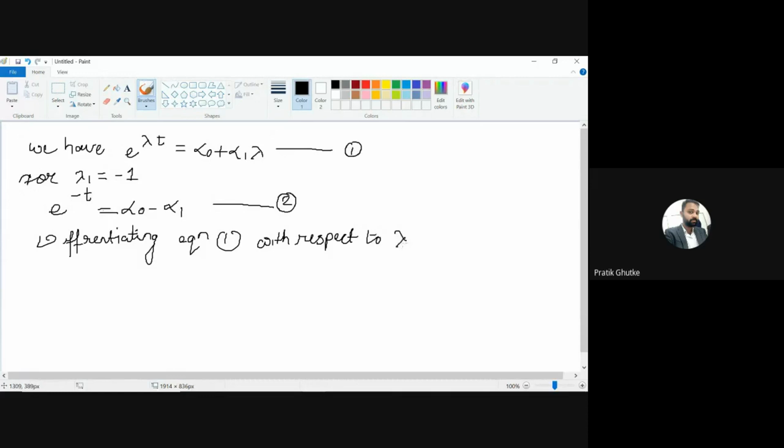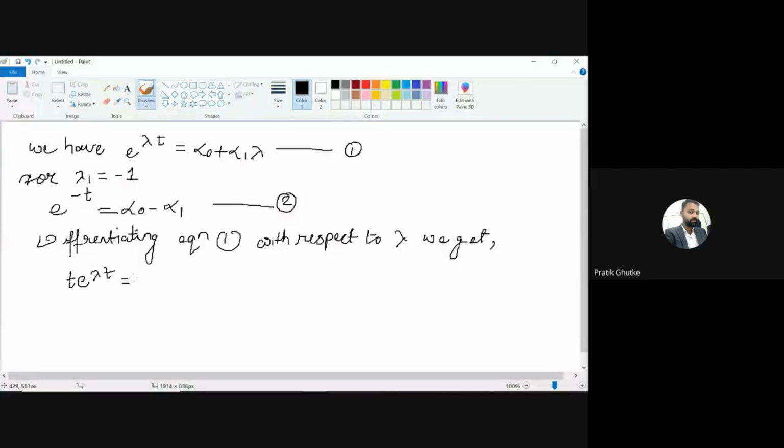We get t e raised to lambda t equals alpha 1.